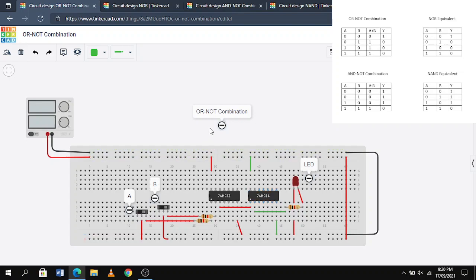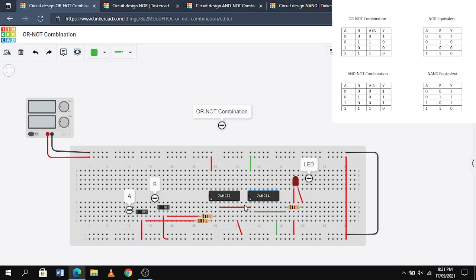So the nature of the OR gate is that either both inputs must be at logic 1 so that the LED will be at logic 1. But since we have an inverter, any output produced by the OR gate will be inverted by this hex inverter.